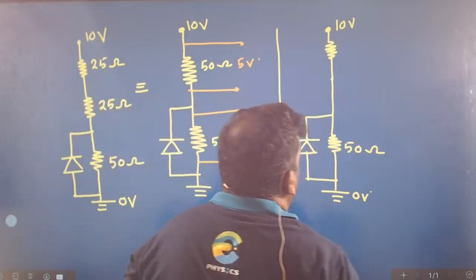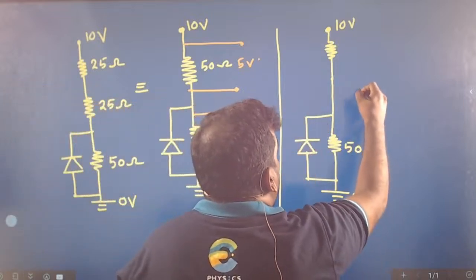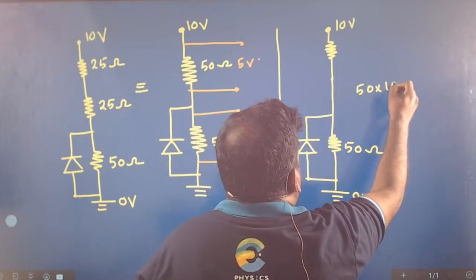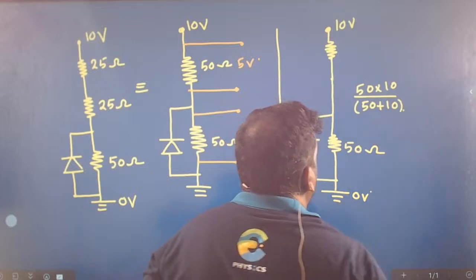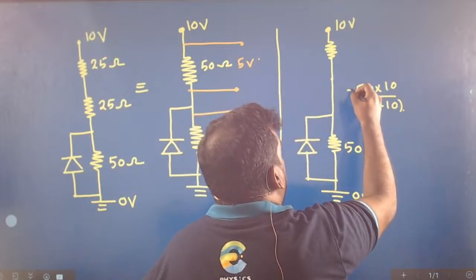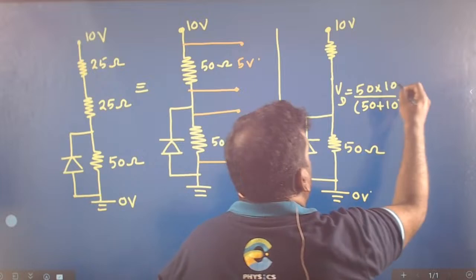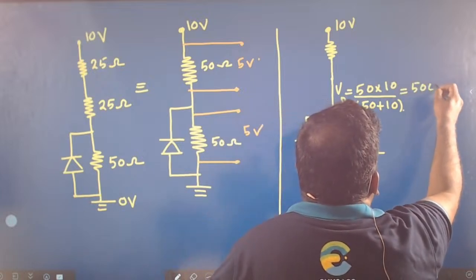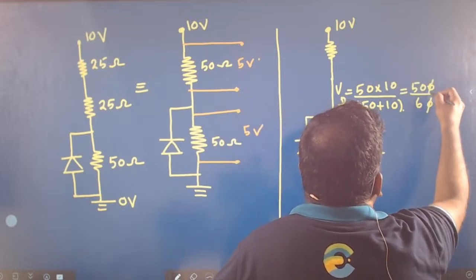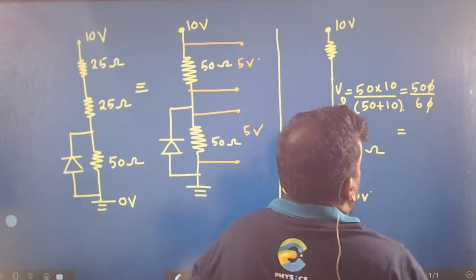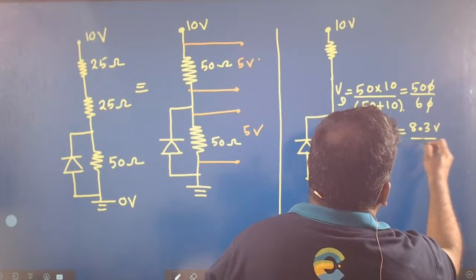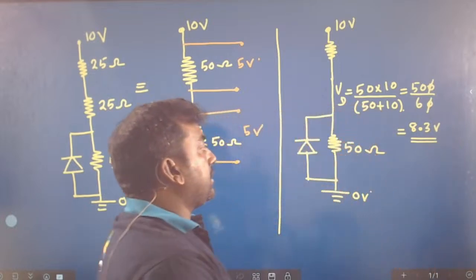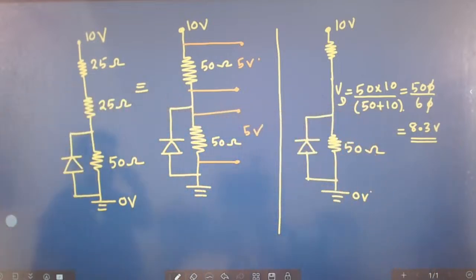Now how will you find the voltage? 50 times total voltage divided by the addition, 50 plus 10. Voltage across the diode: 500 divided by 60, you will get 8.3 volts. Around 8.3 volts. Right. Look at this carefully.